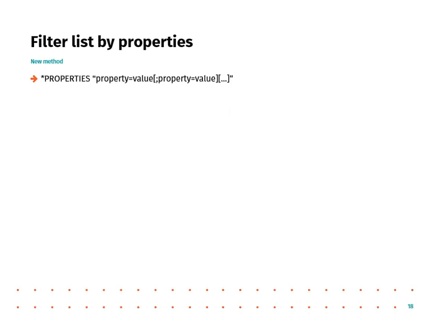In this case, we will add these to our categories, and these are called properties. These properties is just star properties, and then between quotation marks, property equals value, semicolon, property equals value, semicolon, property equals value. In that way, you can assign a category a certain value.